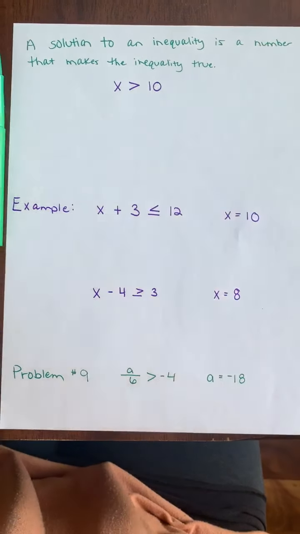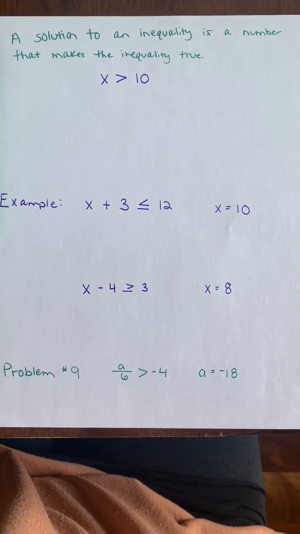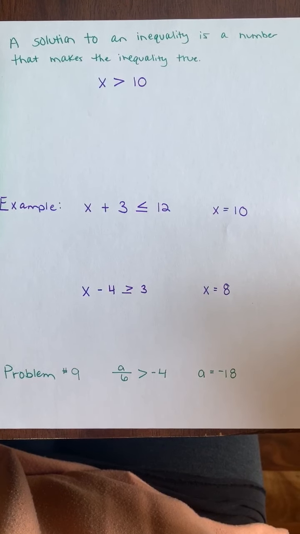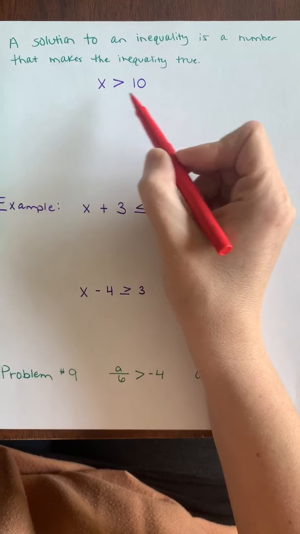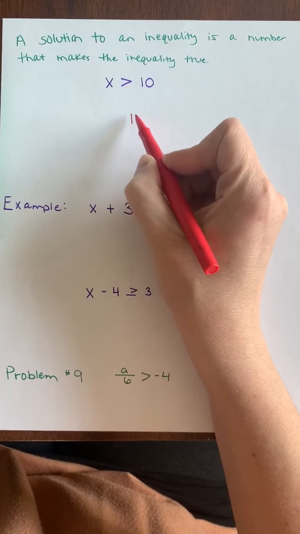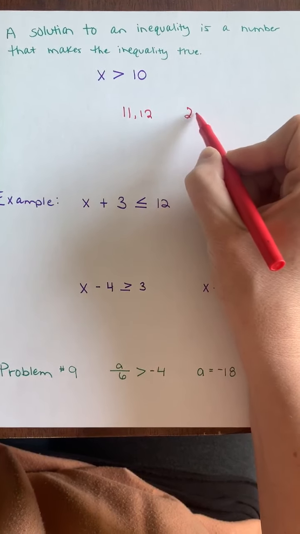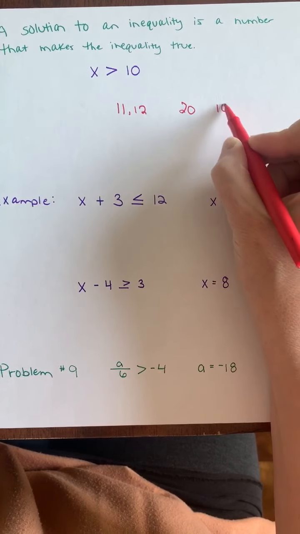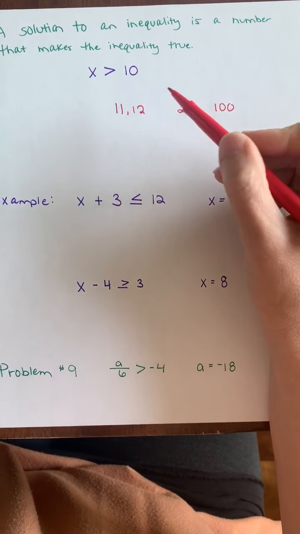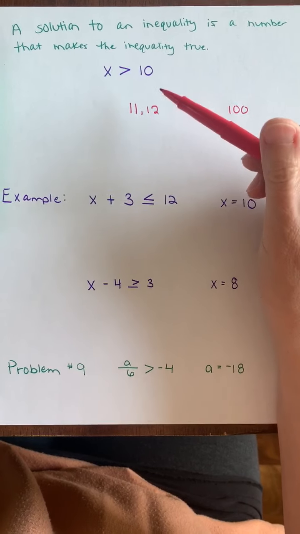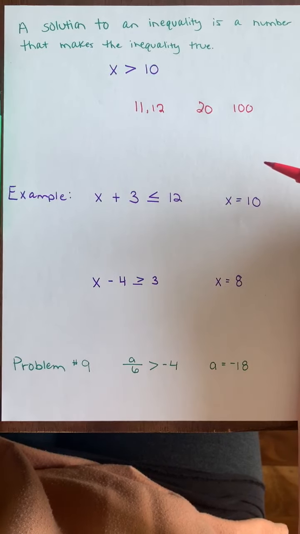Remember that the big difference between inequalities and equations is that equations have one answer and inequalities have more than one answer. So possible answers could be 11, 12, we could jump all the way up to 20, 100. They could also be fractions or decimals that are greater than 10. So any of these are solutions to this inequality, x is greater than 10.